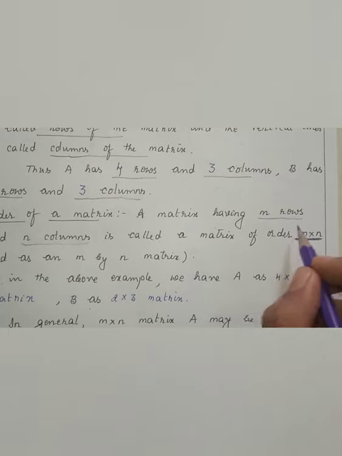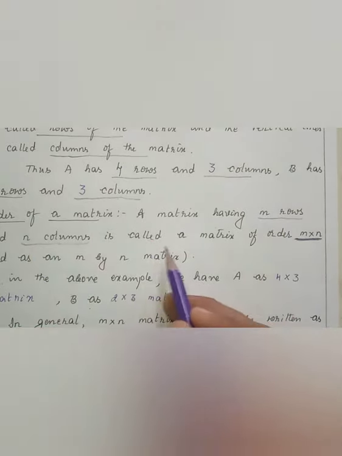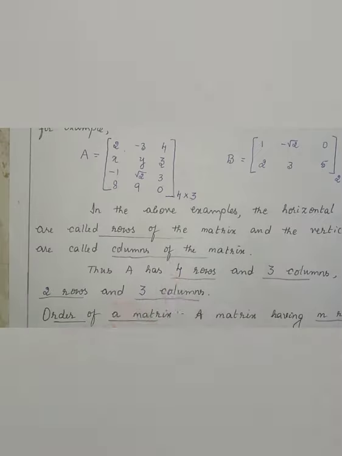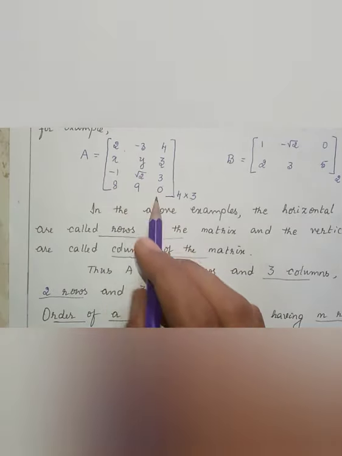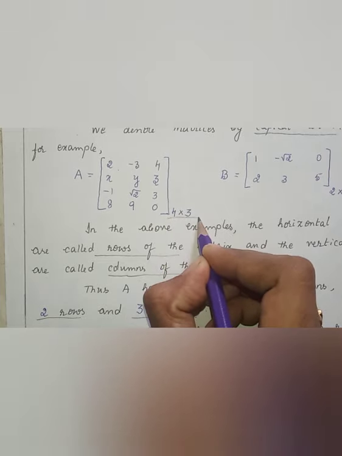Therefore, in this example, with 4 rows and 3 columns, we call this a 4 by 3 matrix.